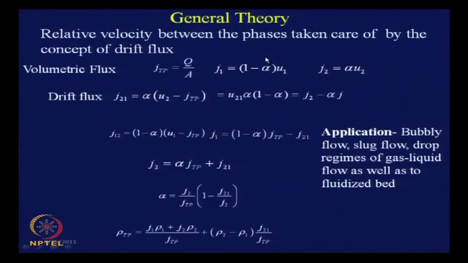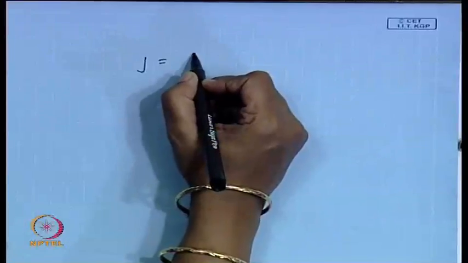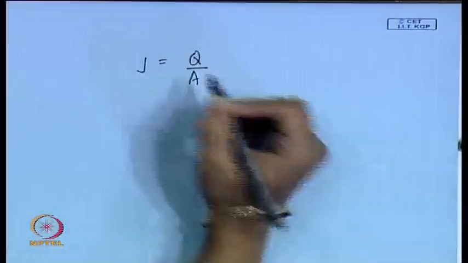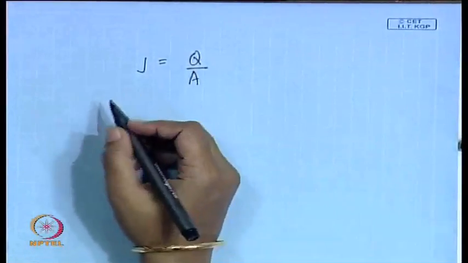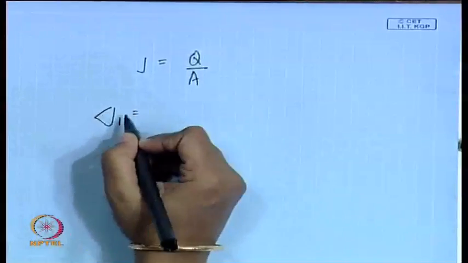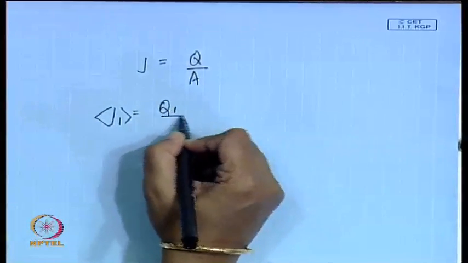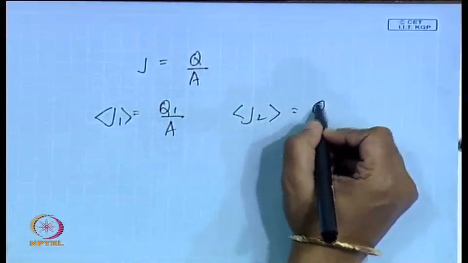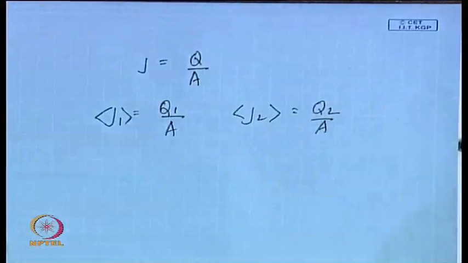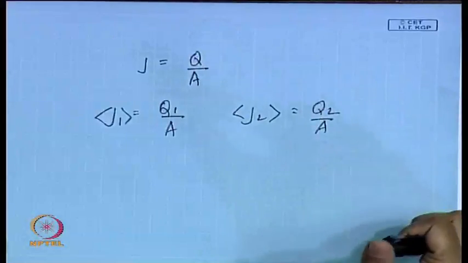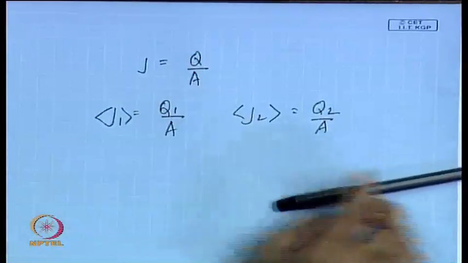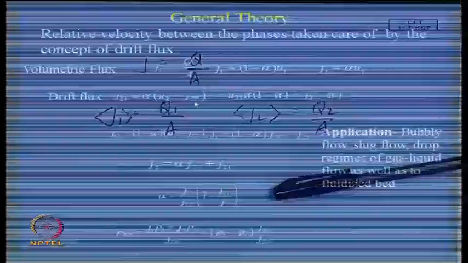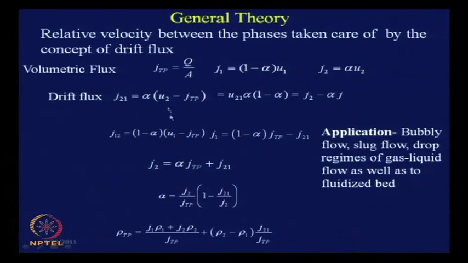Accordingly, if we take up a single phase fluid, it is just J equals Q by A, and for the two phases naturally it becomes J1 averaged over the cross sectional area equal to Q1 by A, and J2 equal to Q2 by A. And then we had tried to relate the volumetric flux with the local in situ velocity, and these relations have been given in these particular terms.